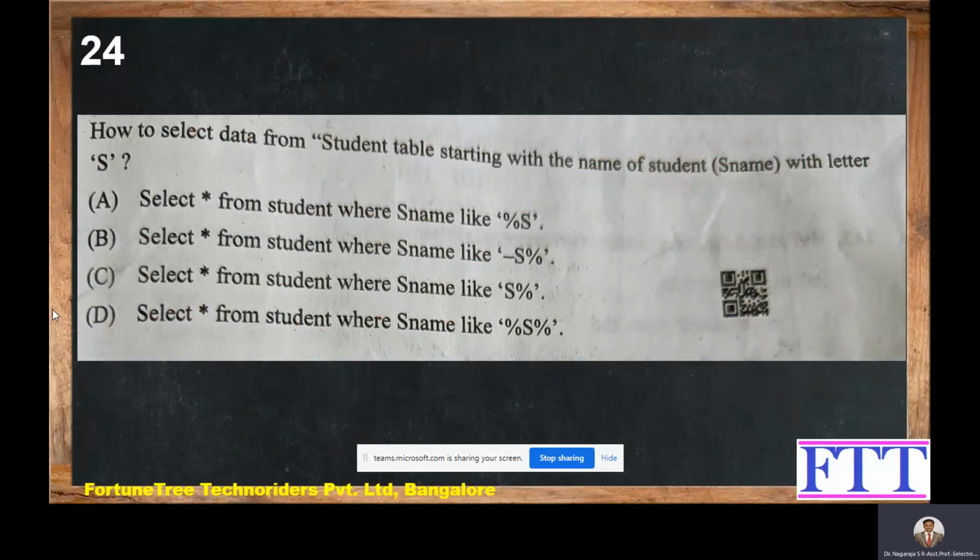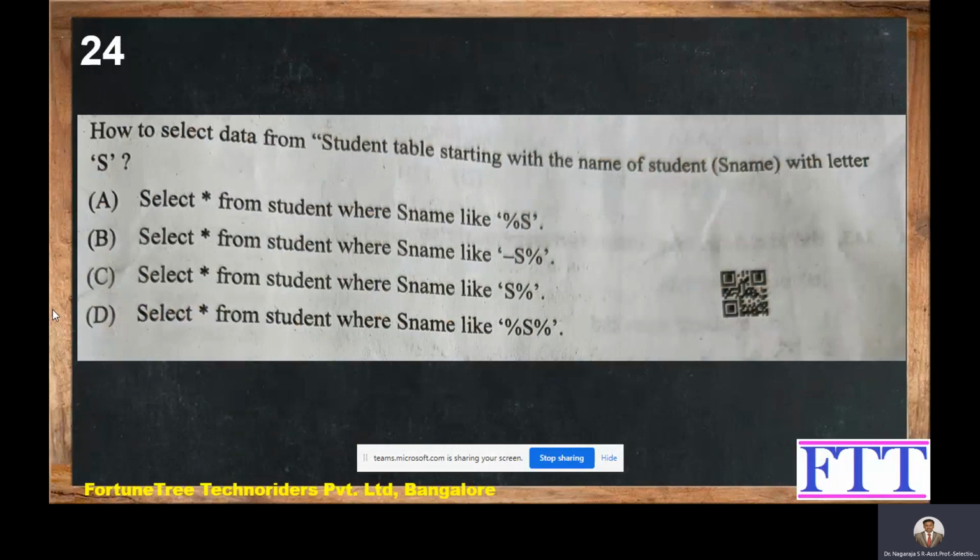So we move to the 24th question. How to select the data from the student table starting with the name of the student with letter S? I need to select the students whose name starts with the letter S. Option A, select star from student where S name like mod S. Option B, select star from student where S name like hyphen S mod.